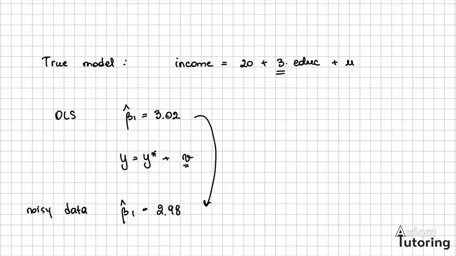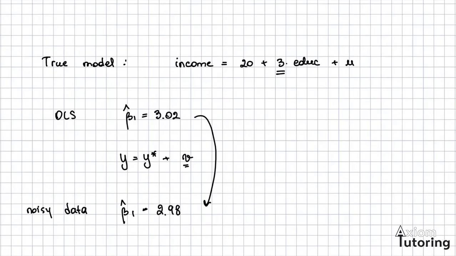The slope is essentially still 3, the true value, and the measurement error in y has not really biased the coefficient. If we repeated this many times with different random errors, the average estimate would be exactly 3, because the estimate fluctuates around the truth, it wouldn't drift away from it.